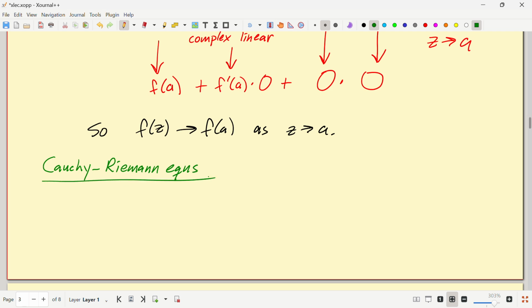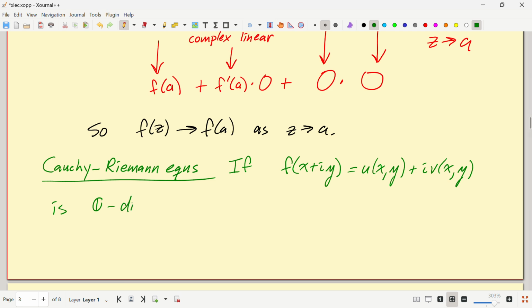If f is complex differentiable, and I'll write my f now like I've been doing, f of x plus iy equals u of x,y plus iv of x,y, is C differentiable at z naught, let's say, which is x naught plus i y naught, then the first partial derivatives of u and v exist.